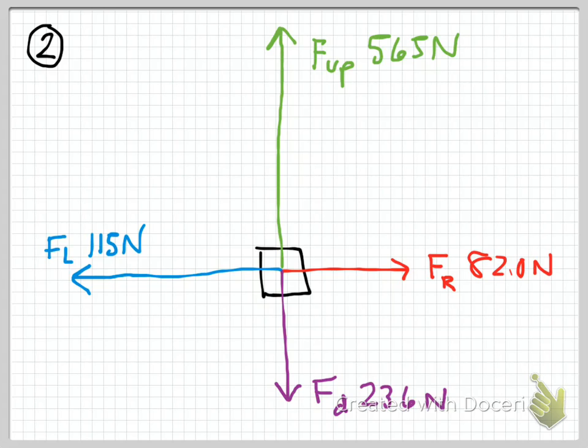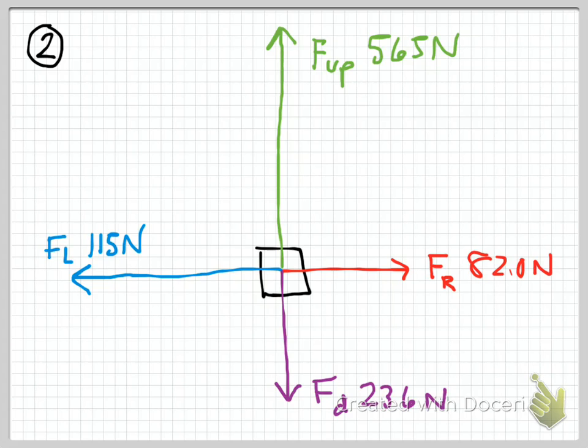Okay, so that's your free body diagram. And starting off with one of these for every single problem you do is essential, because that gives you your layout. So it wants you to find the net force on the x, the net force on the y, and then the total net force.